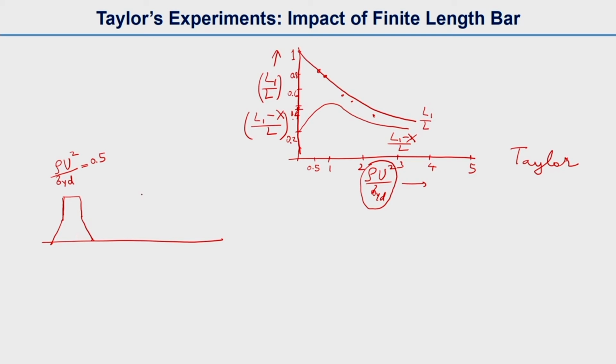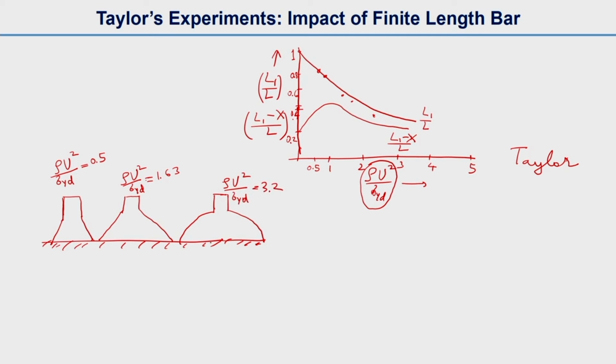But when it has a higher value, let us say this is the wall, if it is equal to 1.63, it will look like this, and if it is an even higher value, it will take maybe this kind of convex shape, and this is rho u square by sigma yd equal to 3.2.